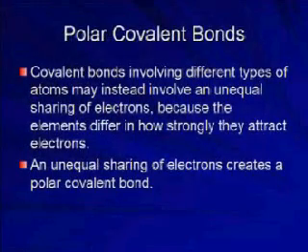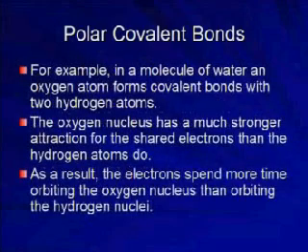Polar covalent bonds involving different types of atoms may instead involve unequal sharing of electrons because the elements differ in how strongly they attract the electron. An unequal sharing of electrons creates a polar covalent bond. For example, in a molecule of water, an oxygen atom forms a covalent bond with two hydrogen atoms. The oxygen nucleus has a stronger attraction for the shared electron than the hydrogen atom.